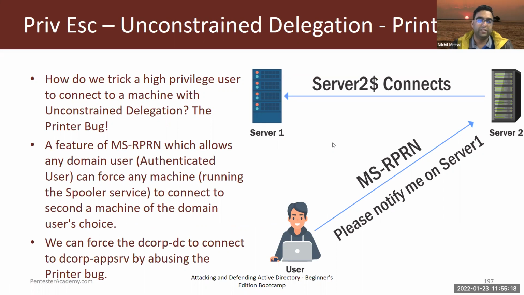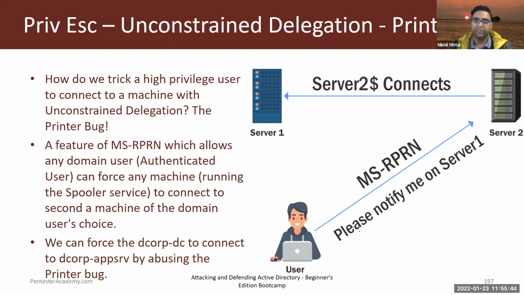There is a feature in the MS-RPRN protocol that is used by the spooler service, the printing service. And that feature is, any authenticated user can use MS-RPRN and message a server that please notify me on the other server.